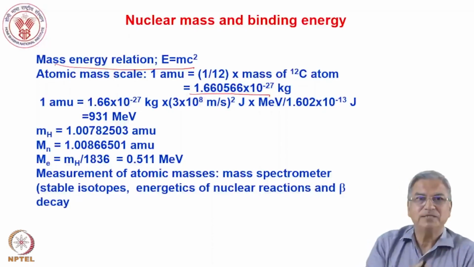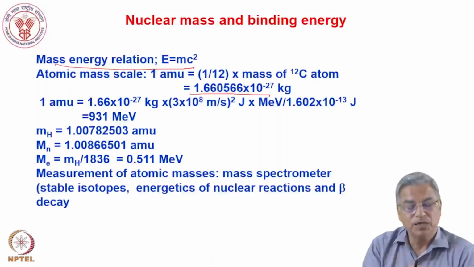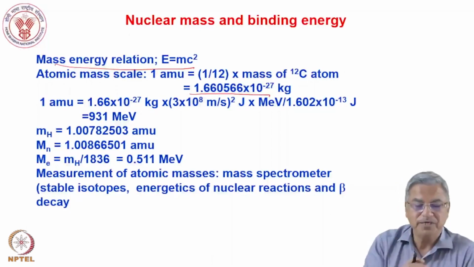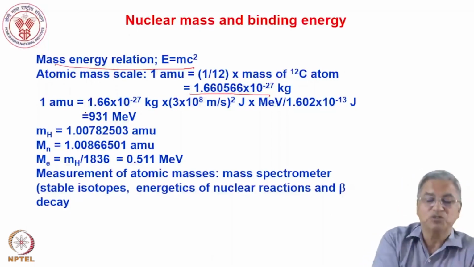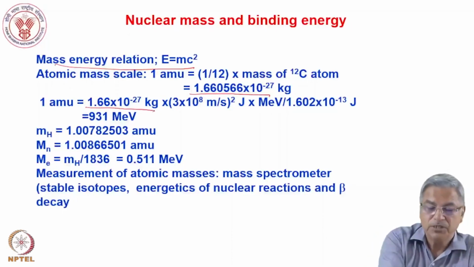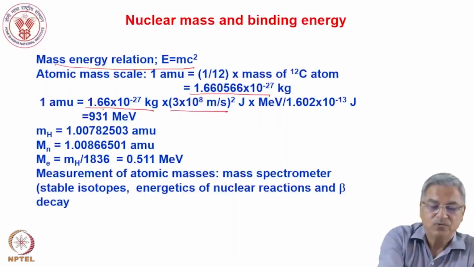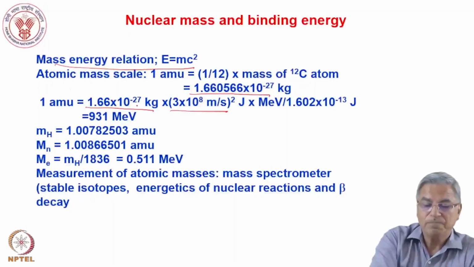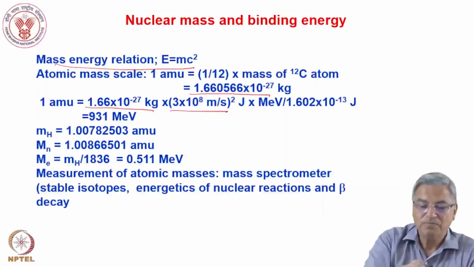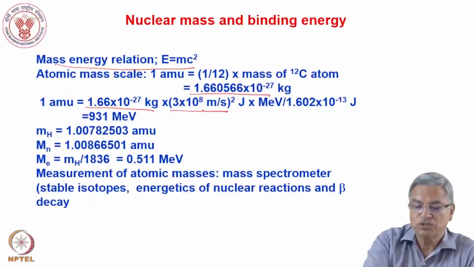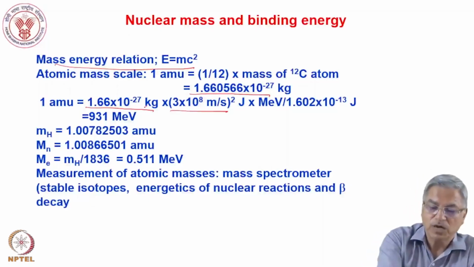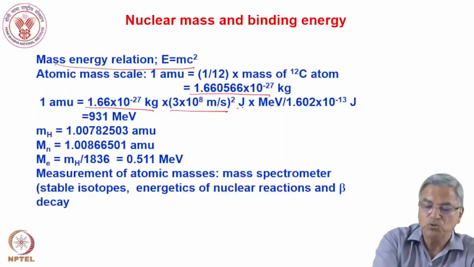How to calculate the relationship between atomic mass unit and MeV? You can see here E equal to mc square. The mass of one nucleon, let us say 1.6 into 10 to the power minus 27 kilogram, or this is 1/12 of the mass of carbon 12, times the speed of light c square, and so kilogram into meter per second square will become joule.